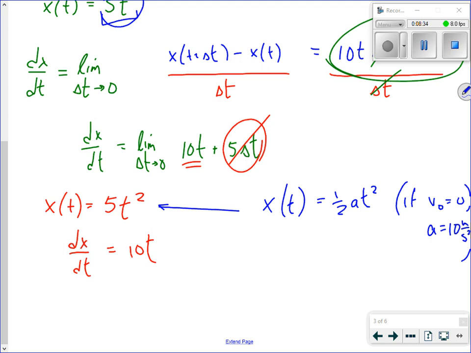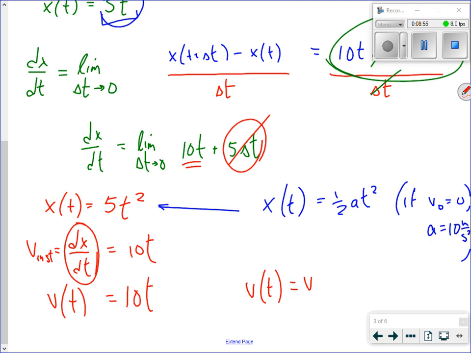Now, by definition, the instantaneous rate of change of position is v instantaneous, or really v as a function of time. Well, gee, doesn't this look kind of like velocity as a function of time, which can be v naught plus at?